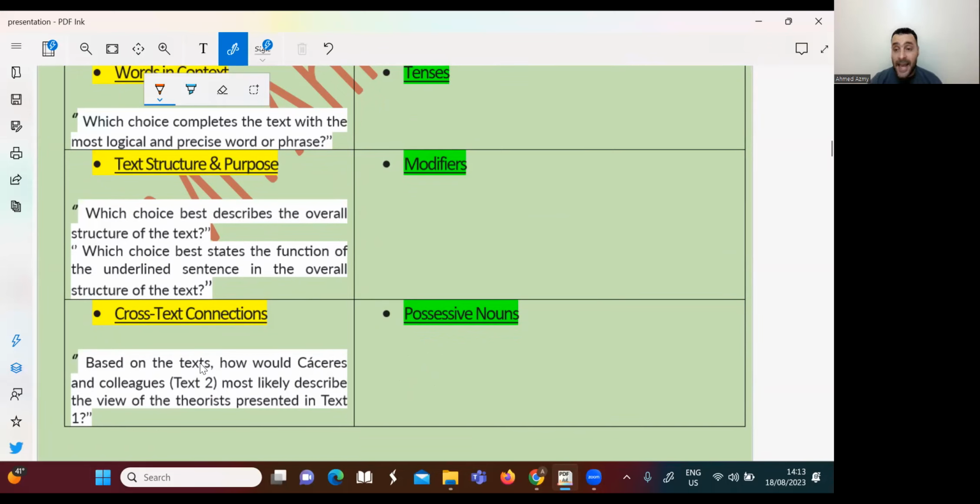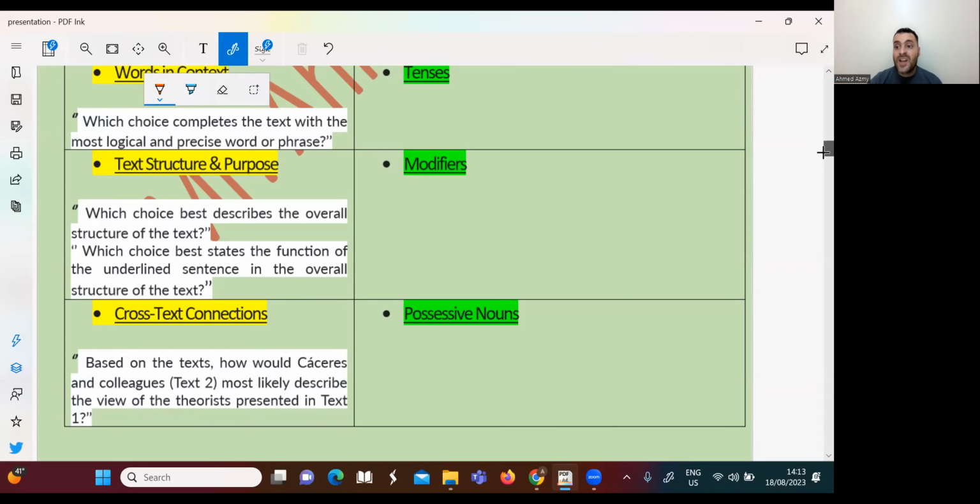It is based only on the texts. You will be provided with 2 texts, text 1 and text 2. Then you will be asked something like: based on the 2 texts, how would somebody in text 2 describe a view in text 1? It's a little bit hard, but with time they will get easy.